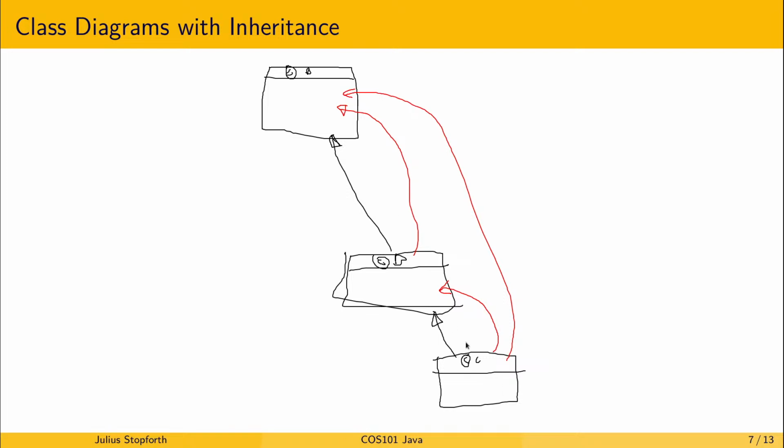But we only point to the direct ancestor. In the same way that the super keyword only goes up one level, our inheritance arrows only go up to the direct parent. All right. Is everyone okay with that? Any questions?